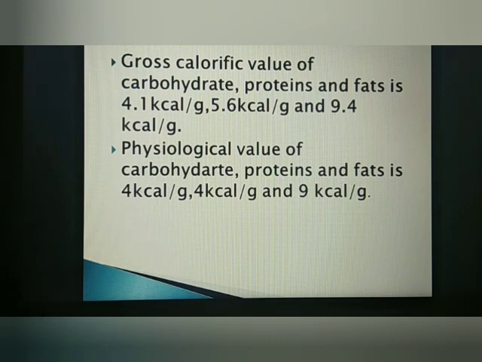For fats, the gross calorific value is 9.4 kilocalorie per gram, compared with the physiological value of 9 kilocalorie per gram, slightly less than the gross. So in this way, it is different in artificial conditions and different in the body. In this way, we completed this chapter.